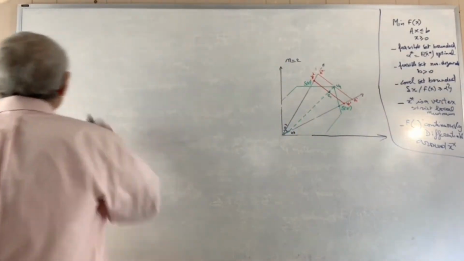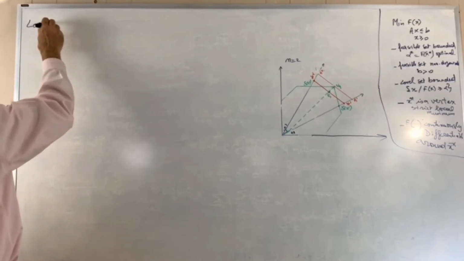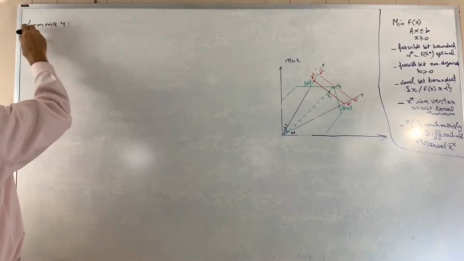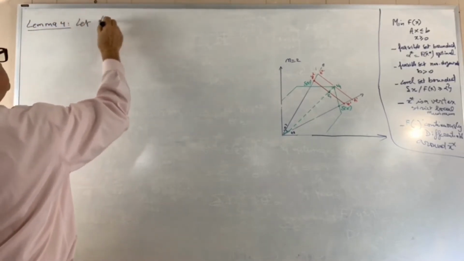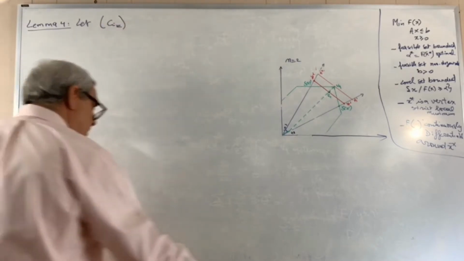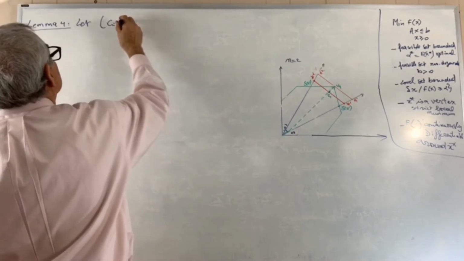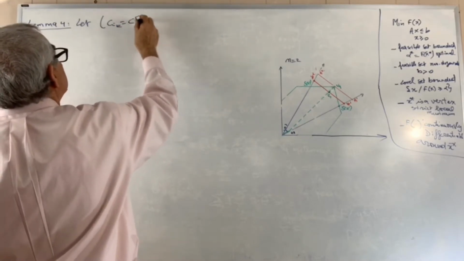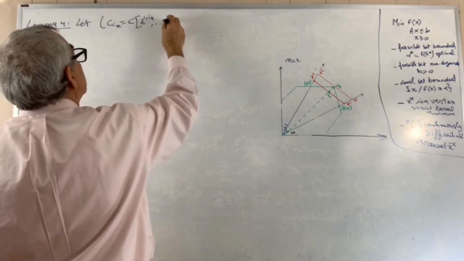So the next lemma, let's call this lemma 4. Let C_ik, same thing, C_ik defined by the vectors z_1^ik, etc., z_n^ik.